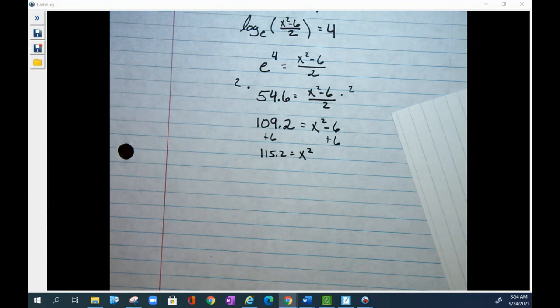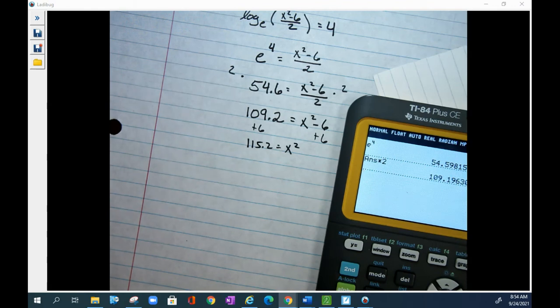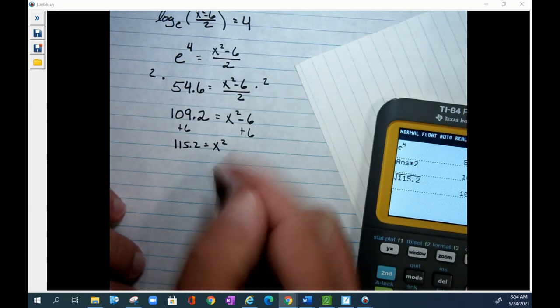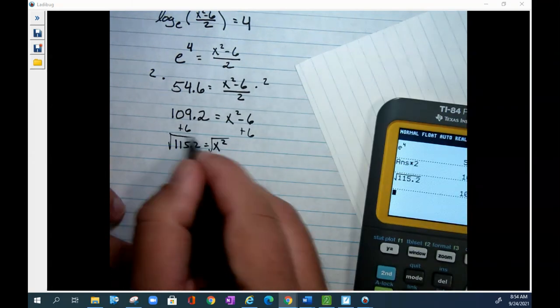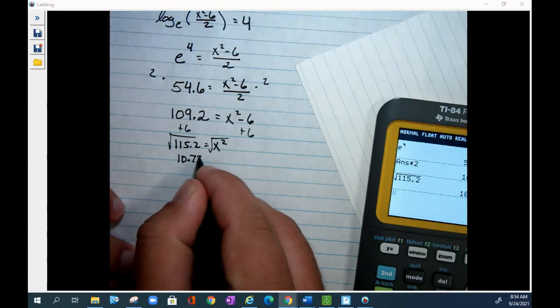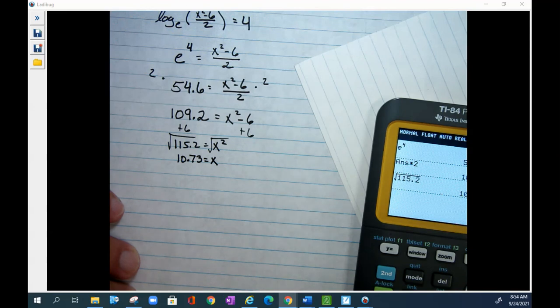Now I have no idea what that's going to be. So we're going to square root 115.2. So I get, what did I forget to do?